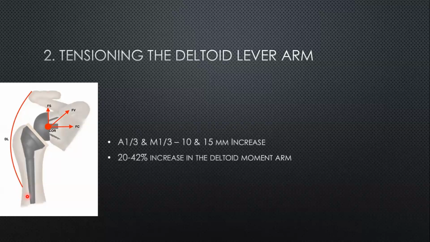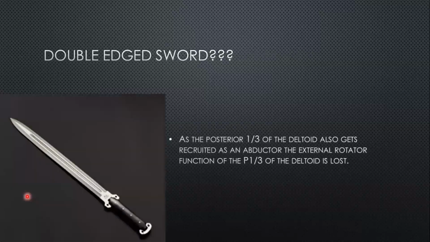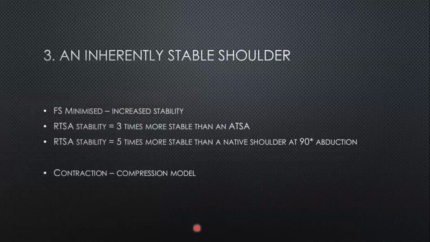So the force required to start the deltoid motion will be much less. Like I mentioned, this is the double-edged sword. The problem with increasing the deltoid recruitment is that the posterior one-third of the deltoid that acts as the external rotator also is compromised. So this is a very common complaint that comes across from these patients when they come for follow-up.